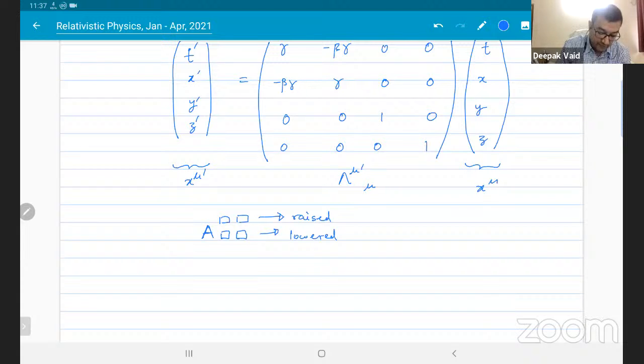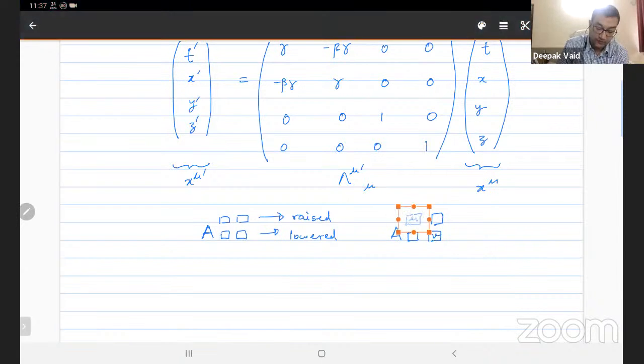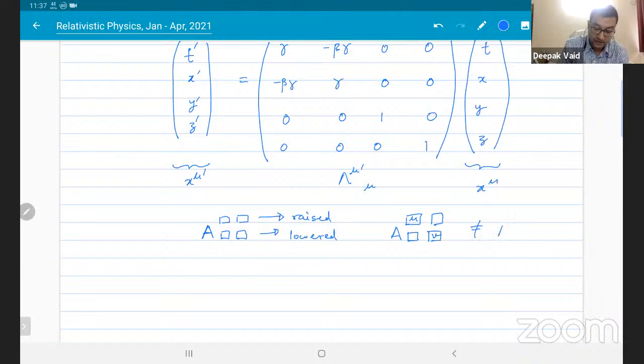So you can have, for instance, the first index might be raised, in which case I would write something like this, mu. And the second index could be lowered. So where do I put the second index? I put it in this slot. So I leave a gap over here between mu and nu. This is important. So this is not the same as a mu nu. If you write it like this, then there is no way to tell which is the first index and which is the second index.